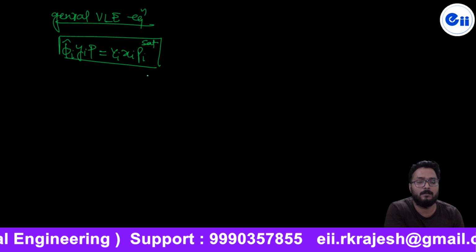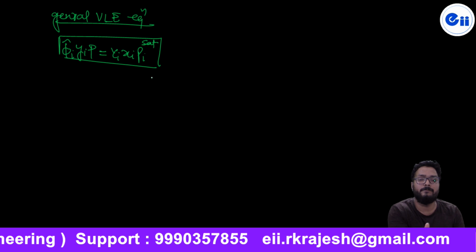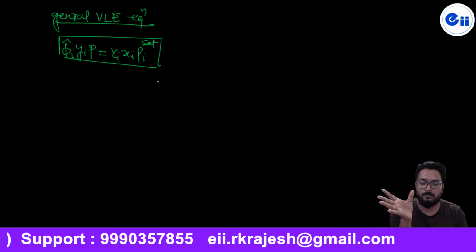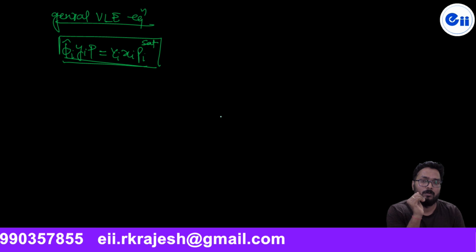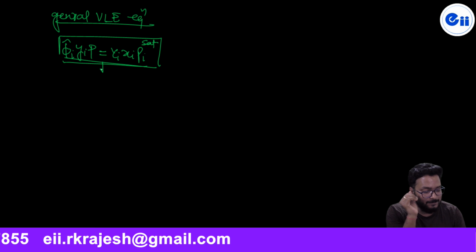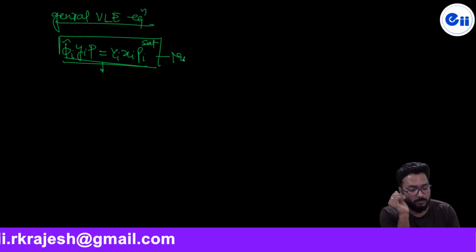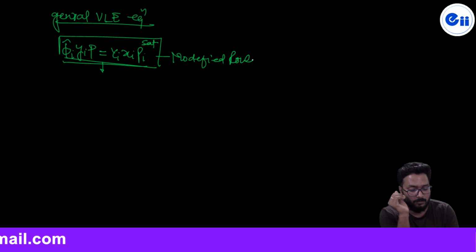One more term is there called the Poynting factor, and that term will be very close to 1 for low to moderate pressure. Now, it is also called the modified Raoult's law.